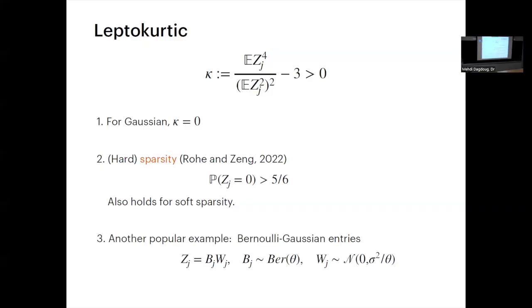They also proved that soft sparsity can also hold for leptokurtic, and there are some other classical examples. But I want to point out this is essentially saying it's non-Gaussian, corresponding to excess kurtosis greater than 0.